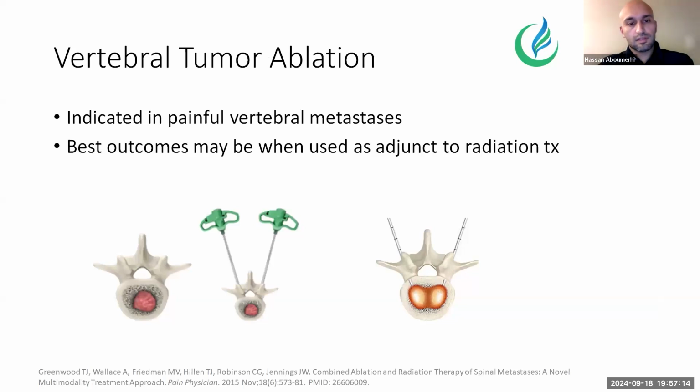And then another technique that I perform is vertebral tumor ablation. So this is indicated in patients who have painful vertebral metastases. The best outcomes are really when used as an adjunct to radiation treatment, similar to basivertebral nerve ablation and vertebral augmentation. The vertebral body is accessed percutaneously using fluoroscopic guidance, quite tolerable under MAC most of the time.